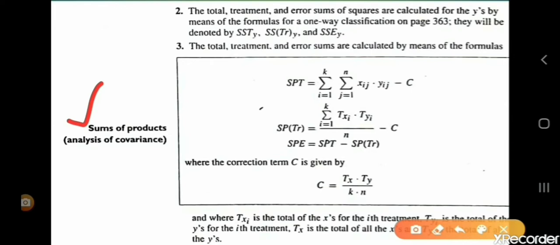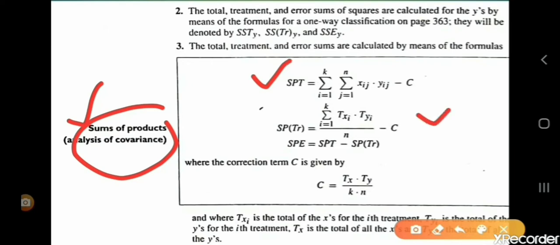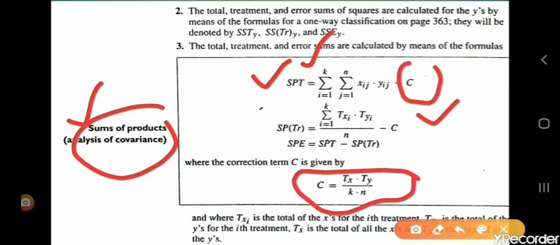So the third step will be calculating the sum of products. The total sum of products is calculated by this formula, which is given by the summation of xij into yij, where i is the treatment varying from 1 to k and j is varying from 1 to n levels, and c is the correction factor, which is calculated by this formula.